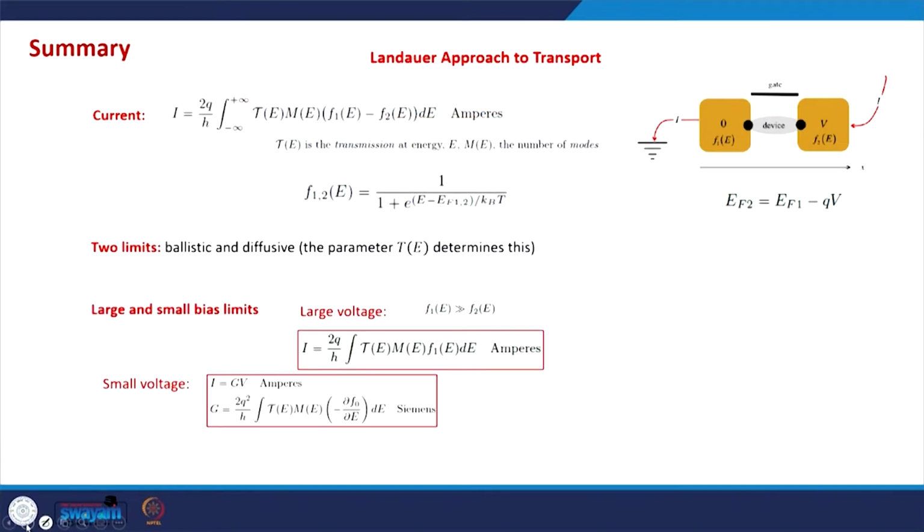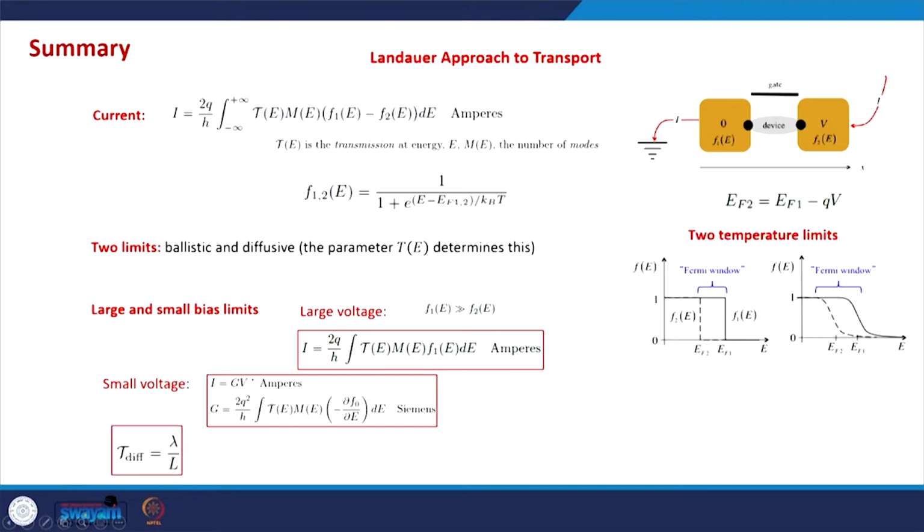As you might recall from our previous discussion, in our Landauer approach of transport, generally we try to understand the IV characteristics for small biases or in the linear regime, because small bias is in the linear regime of the IV characteristics of the MOSFET, and for large biases, which is the saturation regime.